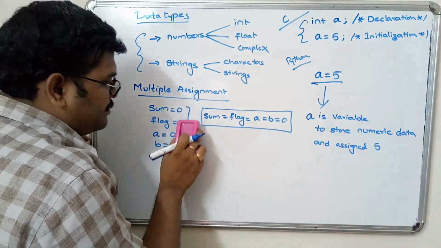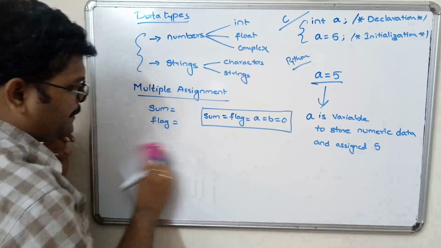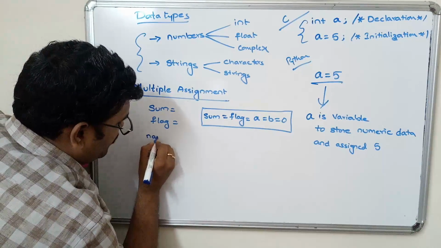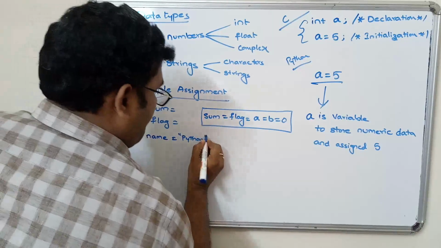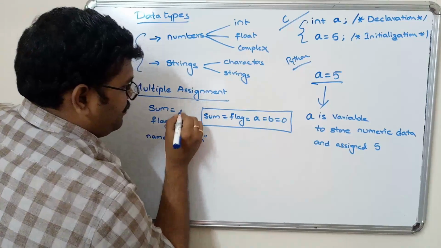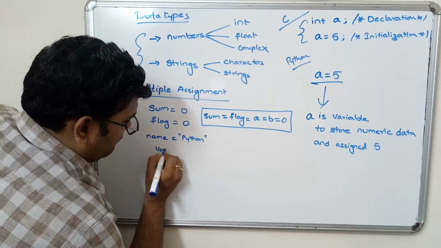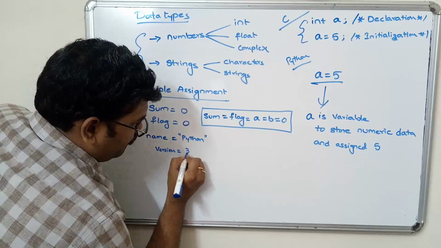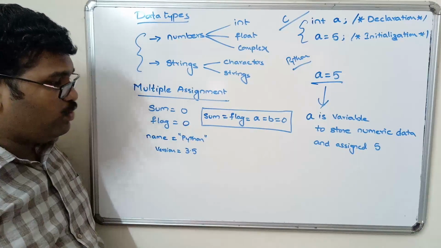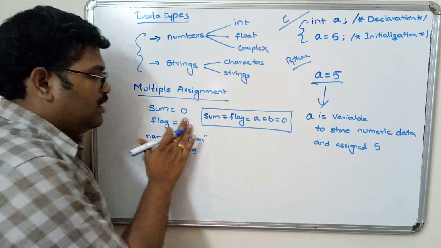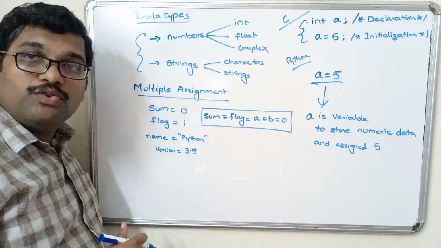Next, see, if you want to assign sum is equal to 0, flag is equal to 1, name is equal to Python, and version is equal to 3.5.